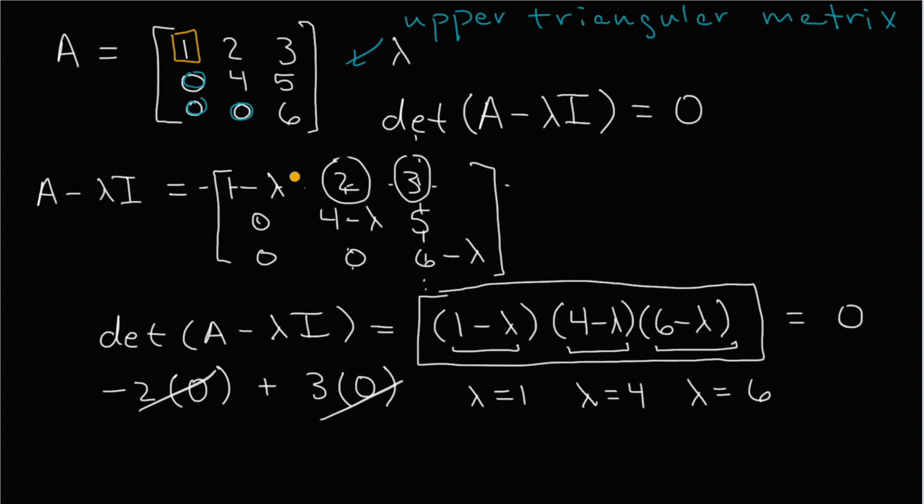So here's where 1 comes from, right here, and here's your 4 that we found, right? And here's your 6. So that demonstrates the fact that the eigenvalues of a triangular matrix are simply the entries on the main diagonal. So finding the eigenvalues is easy in this case.